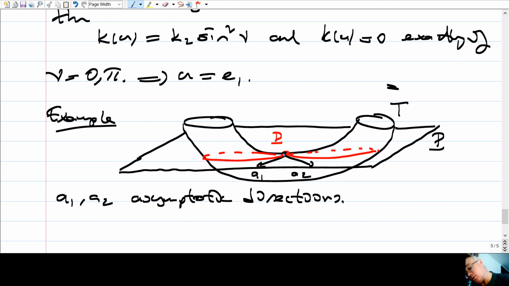Yes. So one of them is this and the other one is this. So these are the principal directions or principal curves, and these red ones are the asymptotic curves.